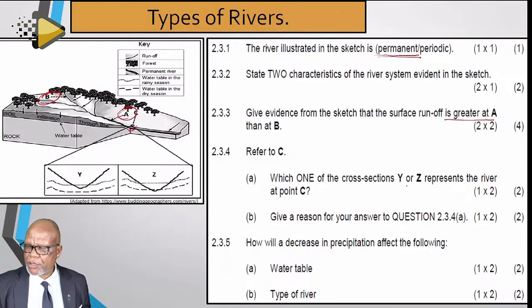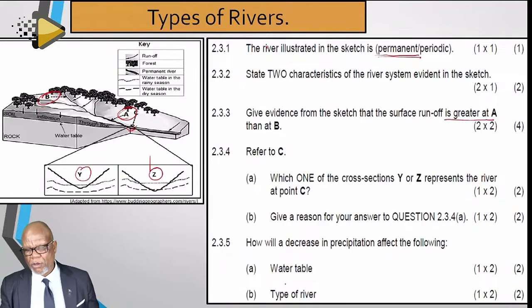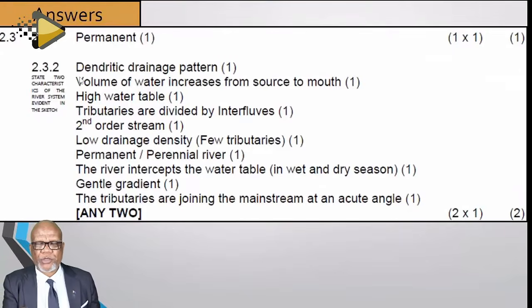Which one of the cross sections, Y or Z, represents the river at point C? Is it Z or is it Y? And then give reasons for your answer. How will a decrease in precipitation affect the water table or type of river?